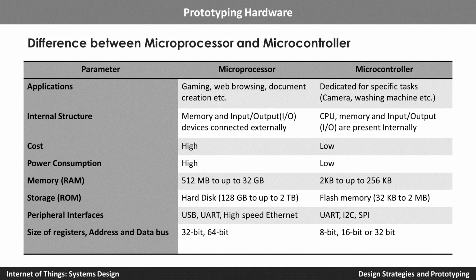Throughout different lessons, we always talk about the system on a chip or microprocessors and microcontrollers and their differences, having operating systems and not having operating systems. But here, I would like to give a little bit more concrete details about how they differ. Microcontrollers are dedicated to a specific task.